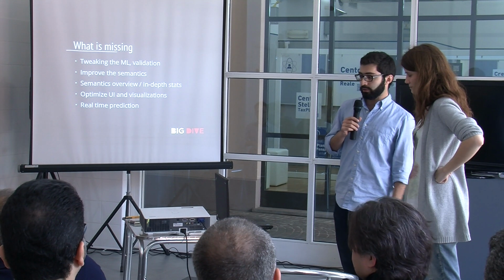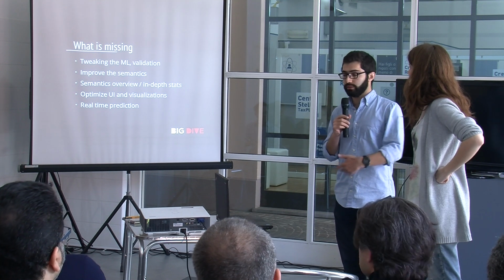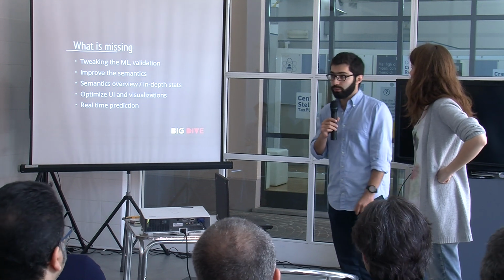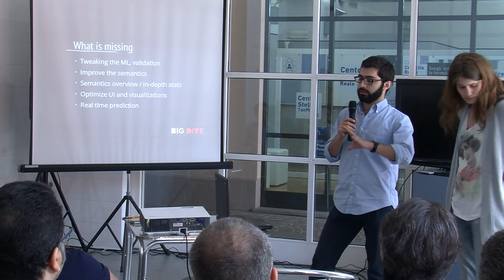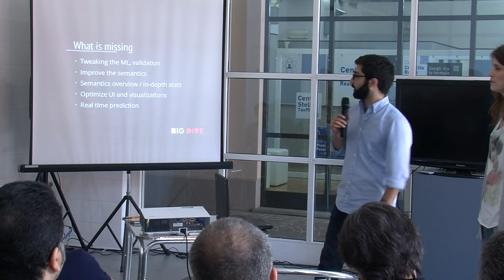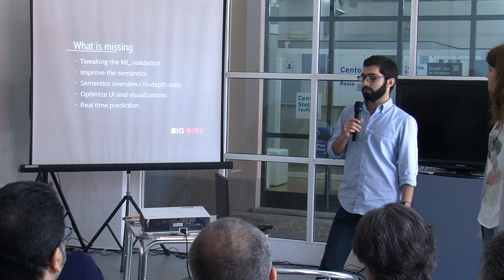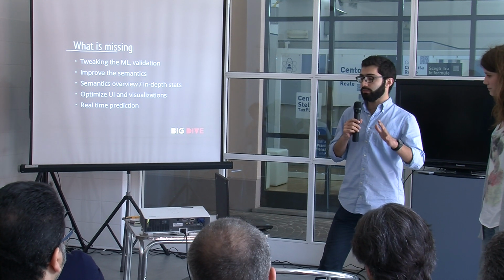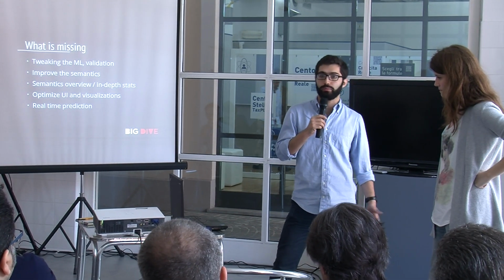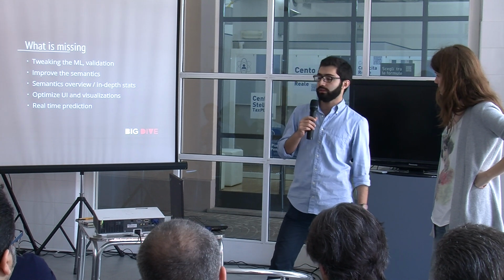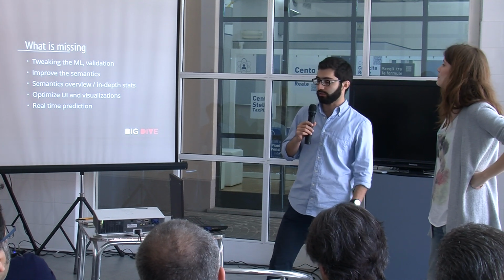Then the third point, the semantics overview, is about the visualization of the application, because initially we had an idea that first you see an overview of the highest level vocabulary, like in our case smart, original, stimulating, and for that you see some overview statistics, how many preys, how popular this word is now, or this kind of thing. We really wanted to do that, but didn't manage to fit it into the time.